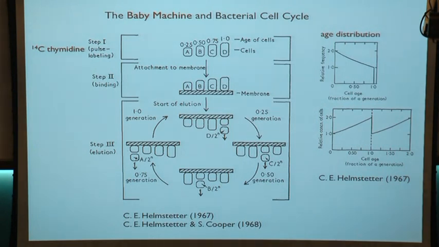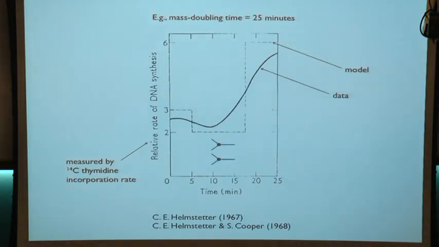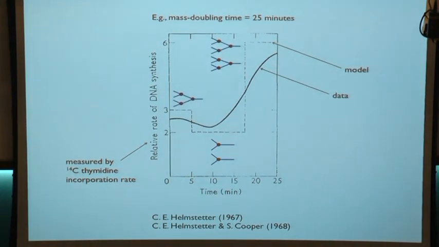Okay, and then the shift-up stories we talked about yesterday. We talked about how one can explain these radioactivity signals between births and divisions using the Helmstadter-Cooper model. And I apologize, yesterday this was a bit too fast, but as I said, this multifork replication is an inherently complex process, okay?